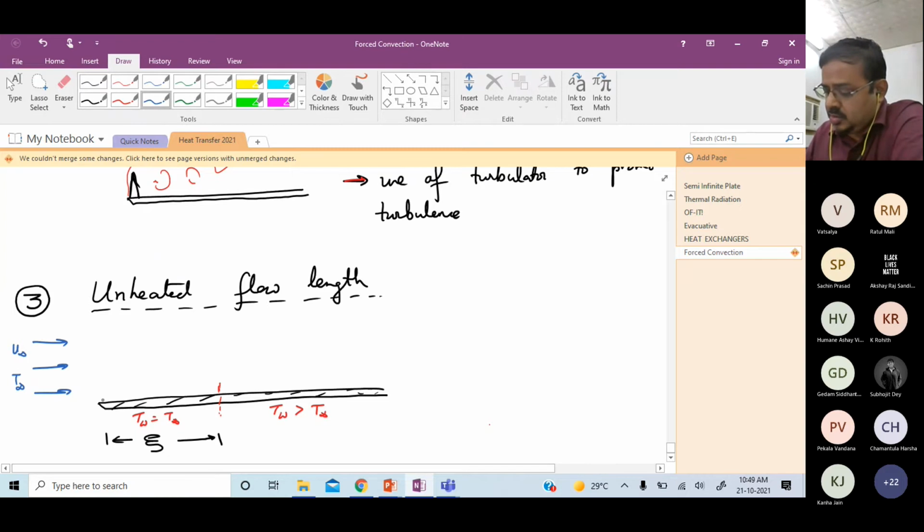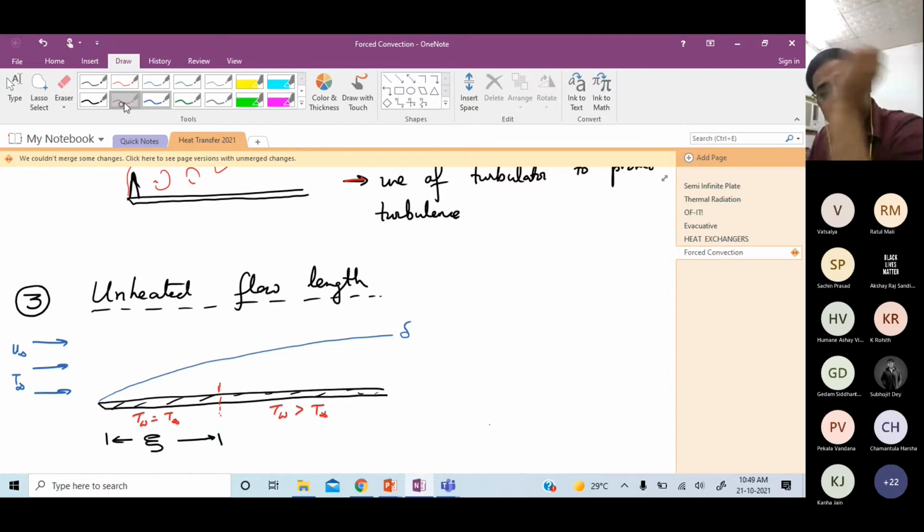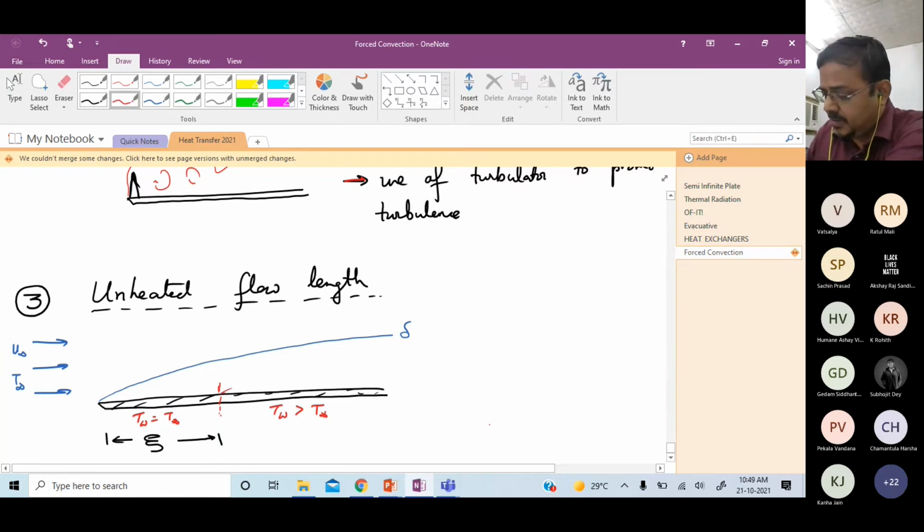So the momentum boundary layer is going to develop right from the beginning. But the thermal boundary layer will start developing only over the heated length, right? See the way I have drawn here, I've drawn it for a fluid whose Prandtl number is less than 1.